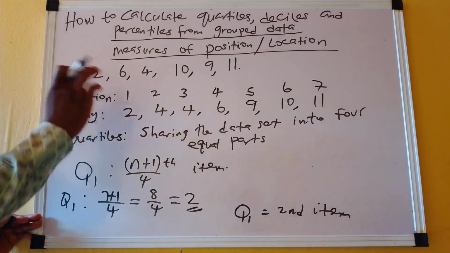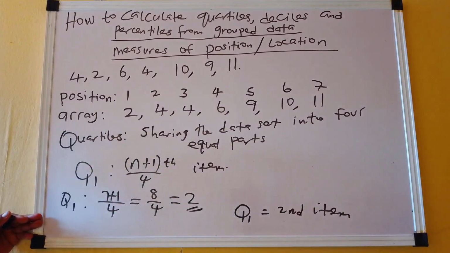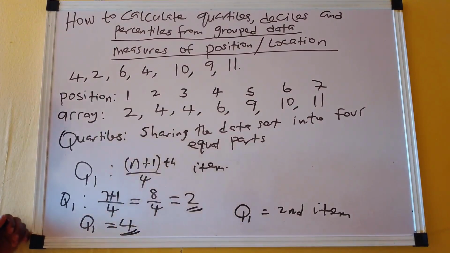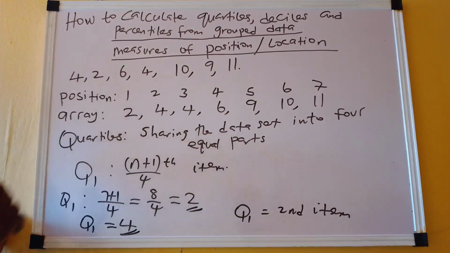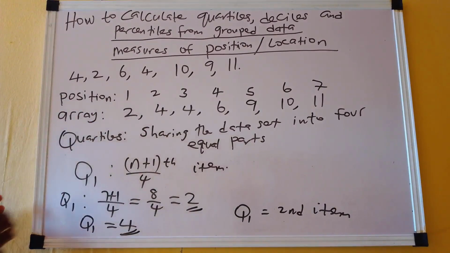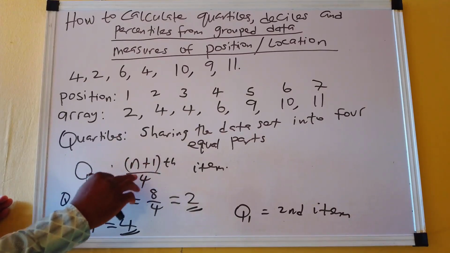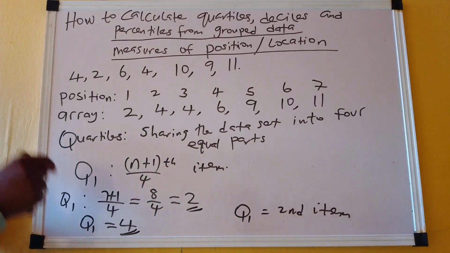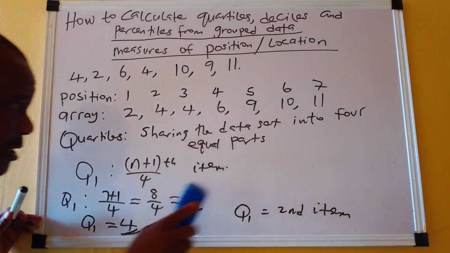The first item here is 2, then the second item is 4. So our Q1 is equal to 4. Quartile simply means sharing the data set into 4 equal parts, and the n plus 1 over 4 position gives the data point that becomes the first quartile.